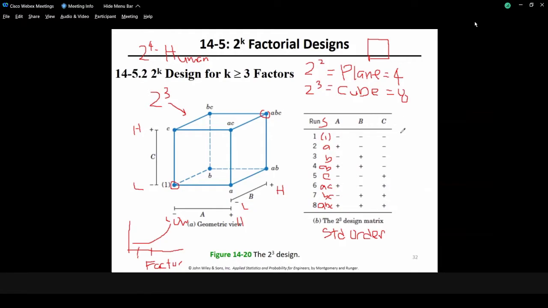If you got D here, you have 8 runs, and with 4 factors, it should be 16 runs. 2^5 is 32. That's why as the number of factors increases, the experiment becomes humongous and costs you a lot of money, time, energy, whatever.